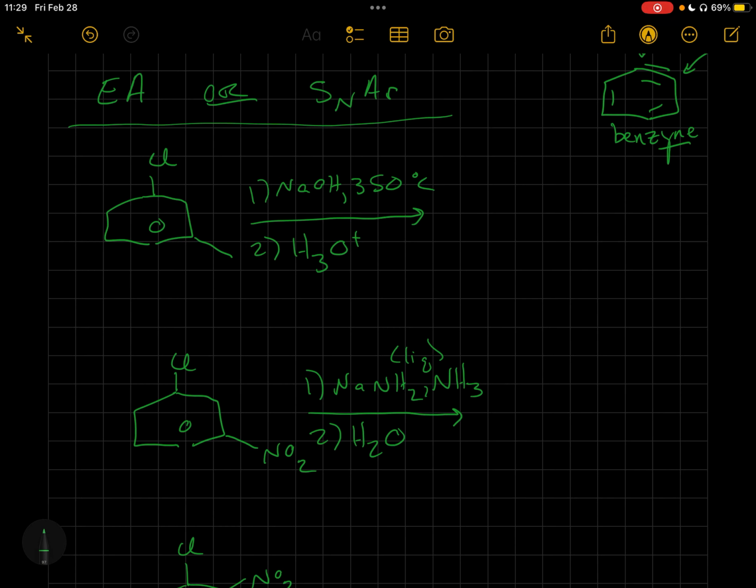So right there, we don't have the conditions for an SNAr reaction. We do have a leaving group. So there's our leaving group, our chlorine. They're also not ortho to each other. Those two functional groups are para to one another. However, we do have a nucleophile, our hydroxide.